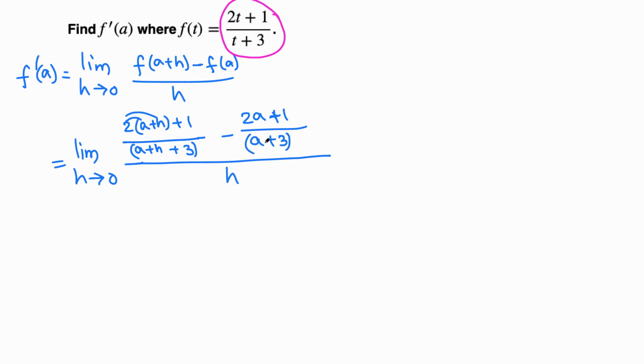So the common denominator is this times this. I'm going to multiply top and bottom by the common denominator, which is (a + h + 3)(a + 3). So I have to write something, (a + h + 3)(a + 3).